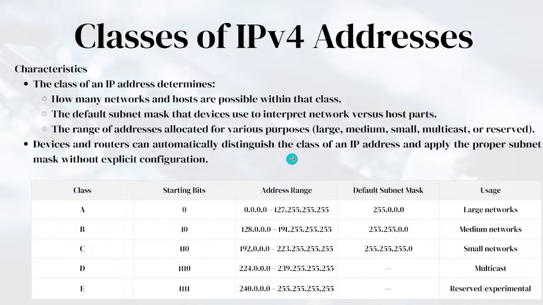The default subnet mask is what devices use to interpret the network versus the host part. The range of addresses allocated for various purposes can also be identified by looking at the address range. Devices and routers can automatically distinguish the class of an IP address and apply the proper subnet mask without explicit configuration.